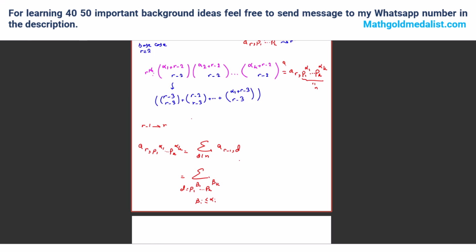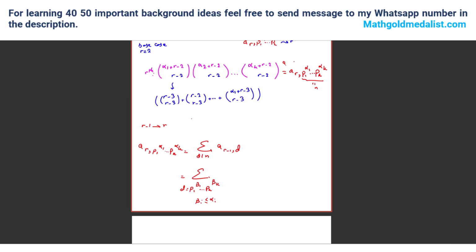It's still some form of a_{r-1}(d), no? Yes, a_{r-1}(d), but this one is a_r(n), right? We know the formula is correct for r minus 1, right? By induction.